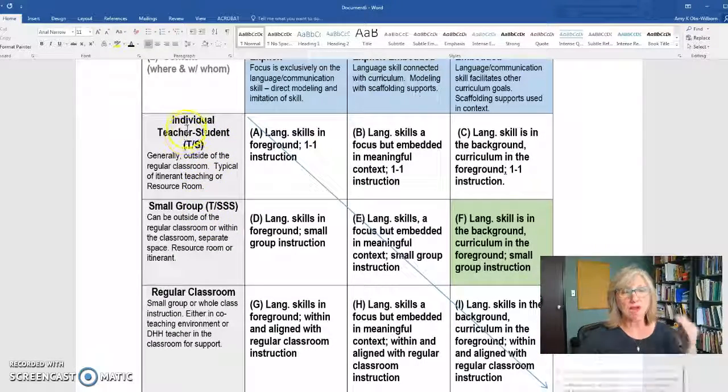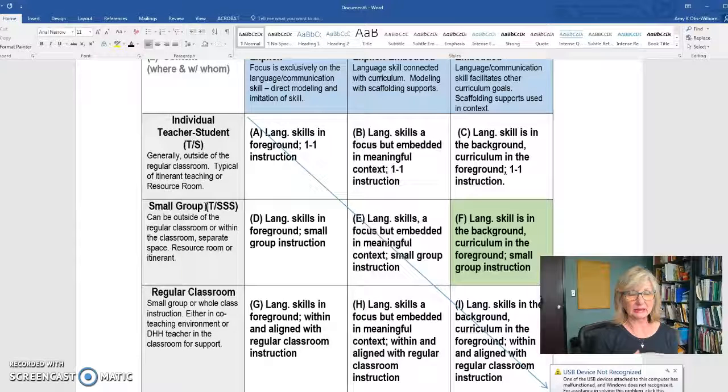And then in terms of the context, we have several contexts. We have one-on-one, so individual teacher-student, which really fits very much with explicit. There might be a small group, really just a few students, that's one place where you can initiate the use of some of these conversation skills.